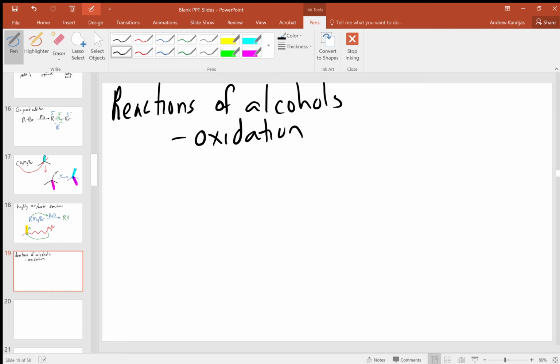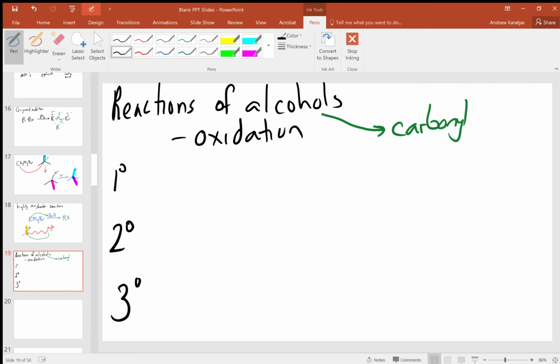The oxidation reaction of an alcohol allows us to convert an alcohol into a carbonyl. And we control what kind of carbonyl we form based on the type of alcohol that we start with. So it makes a big difference whether we start this reaction with a primary, secondary, or tertiary alcohol.